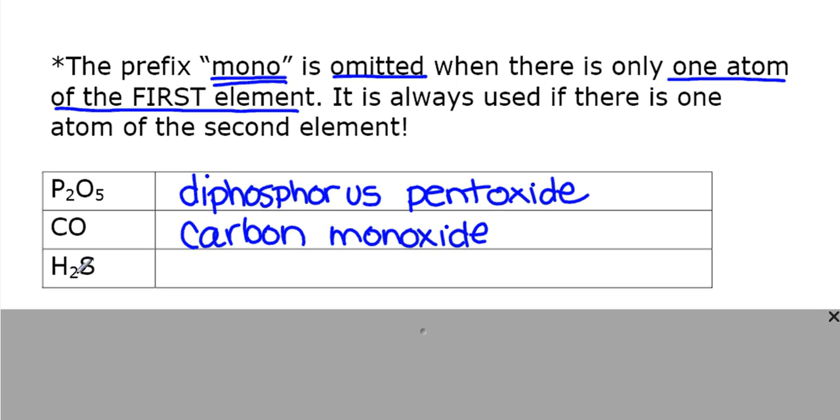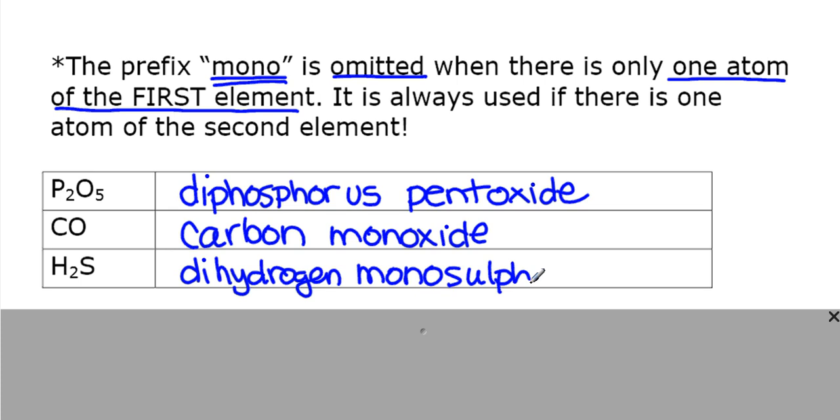Last one, 2 hydrogens and 1 sulfur. 2 hydrogen is di. So dihydrogen. Second one of them, monosulfide. Now what you might notice in practice after you're working on some problems, hydrogen can sometimes be treated as covalent when there's 2 nonmetals, but sometimes it's also treated like an ionic compound.